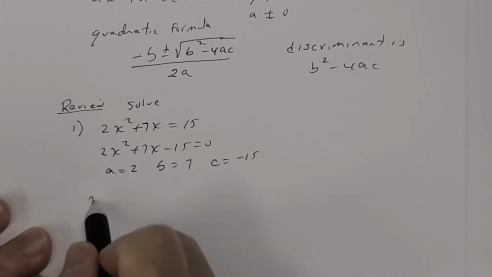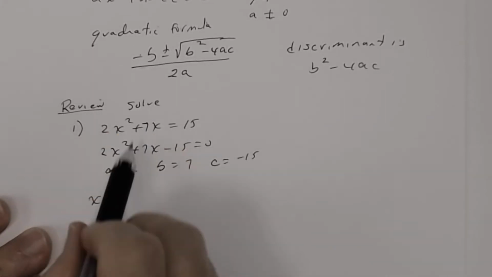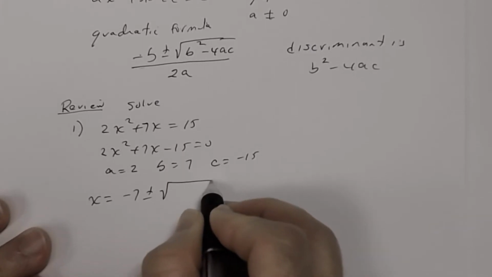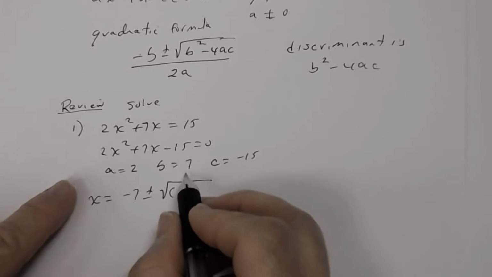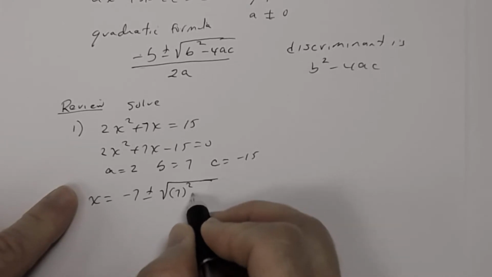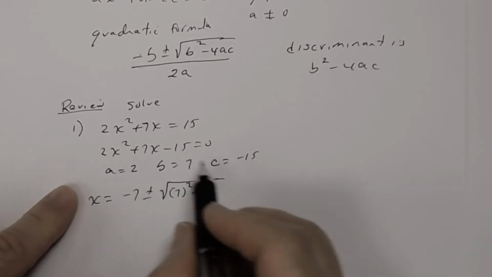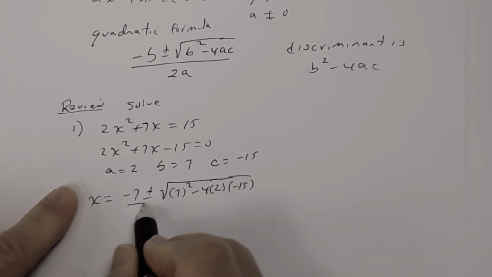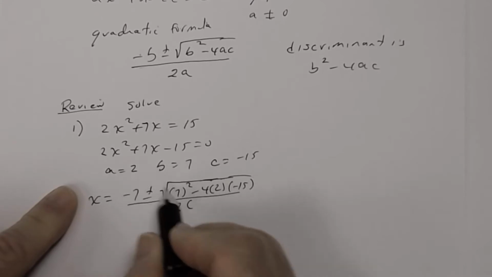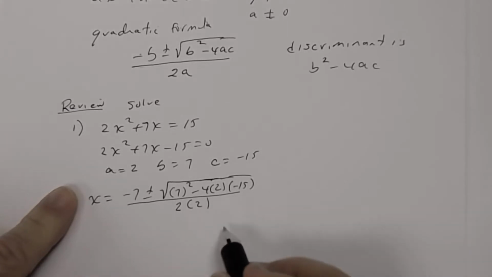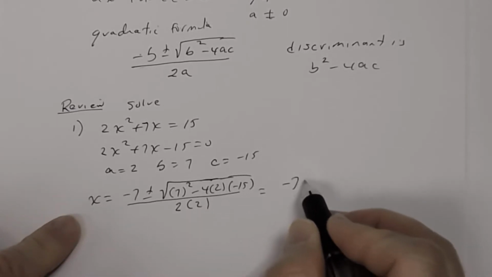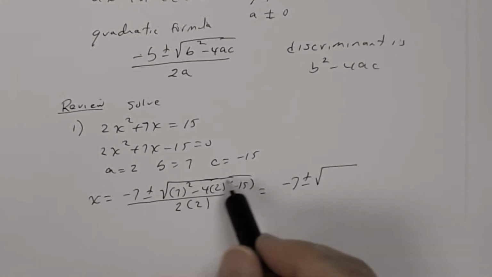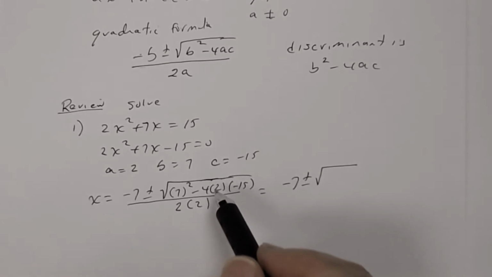Okay, so when you did that, you had x equal the opposite of b. Well, the opposite of 7 is negative 7, plus or minus the square root of, in parentheses, b, which is 7 squared, minus 4 times a, which is 2, times c, which is negative 15, all divided by 2 times a, which is 2. When you simplify this, the next step was to simplify the radicand as much as you can.